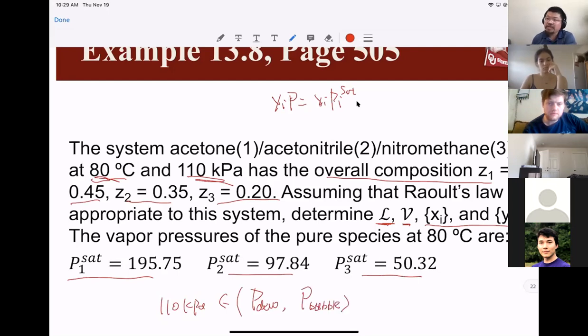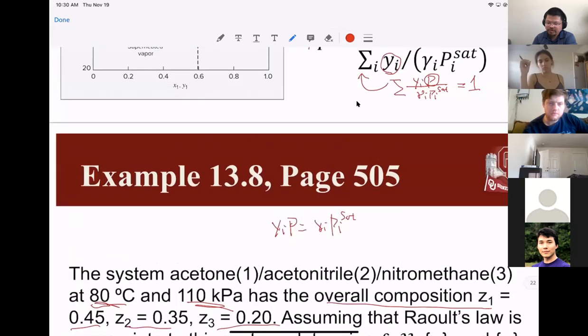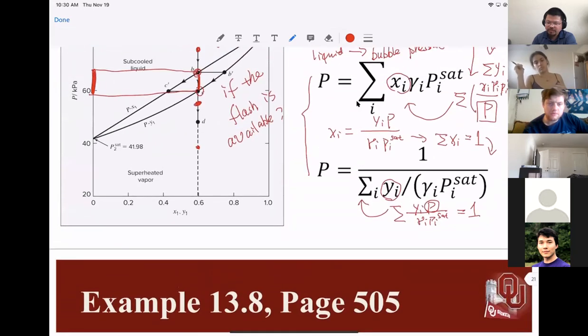Okay, so that's the first step. We need to always evaluate for the known condition what's the dew pressure and what's the bubble pressure. Secondly, from the previous slide, we need to have those xi or yi in order to calculate the corresponding bubble pressure and dew pressure. But from the problem statement, we only have the zi value.